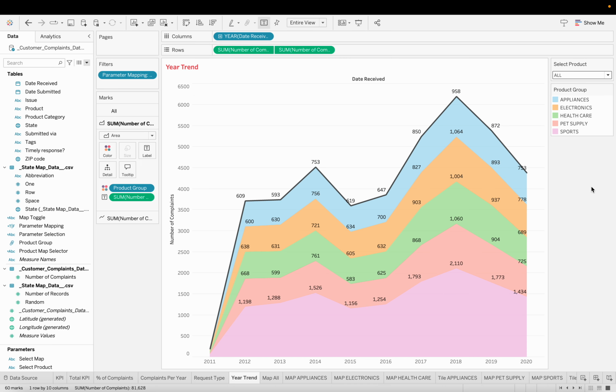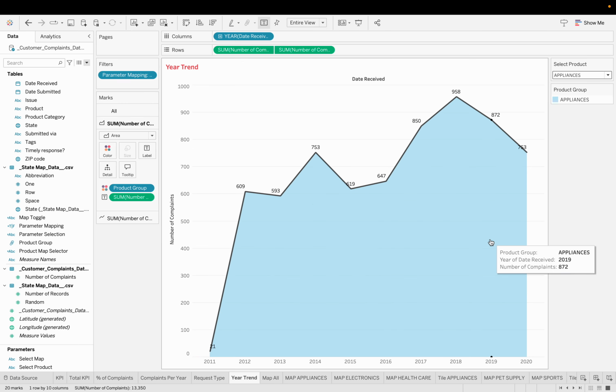Year trend, again, this is looking at all of it together and how the complaints received has changed over the years, from 2011 to 2020. But if you want to focus on one thing at a time, we can look at the appliances again, and you can see that we saw a dip around 2013.